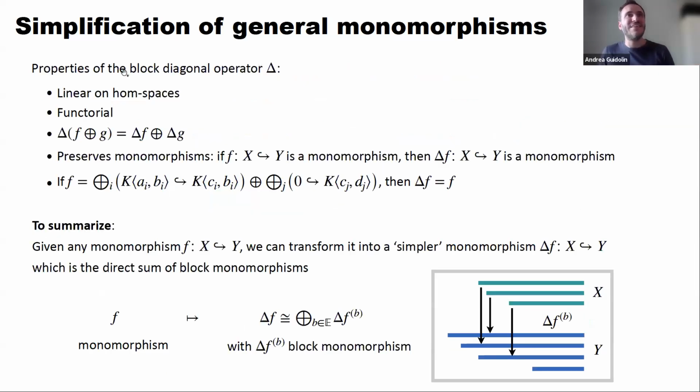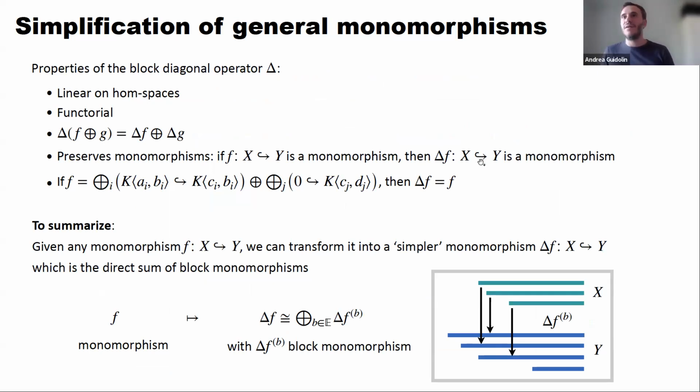Yes, and this block diagonal operator has some interesting properties. It's linear, it's functorial, so it behaves well with composition of morphisms. It preserves direct sums of morphisms. It also preserves monomorphisms, meaning that if f is a monomorphism, then delta f is also a monomorphism.